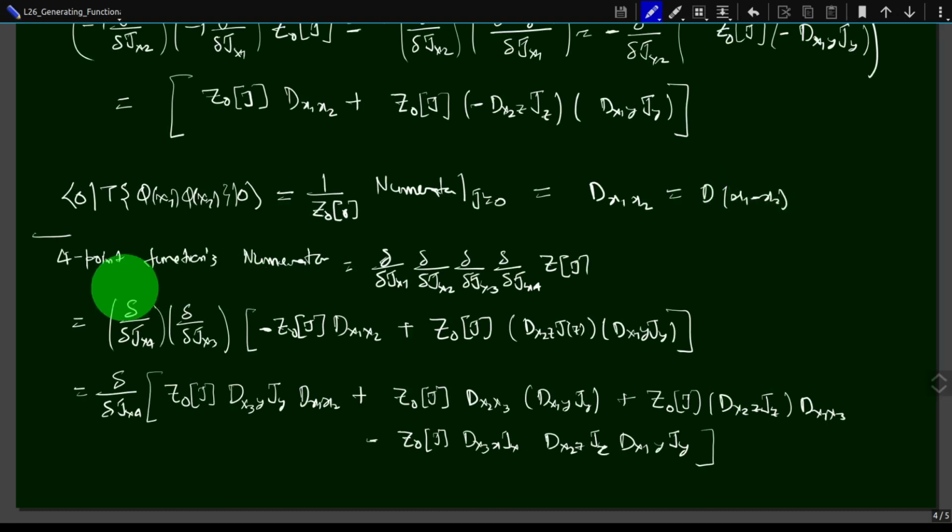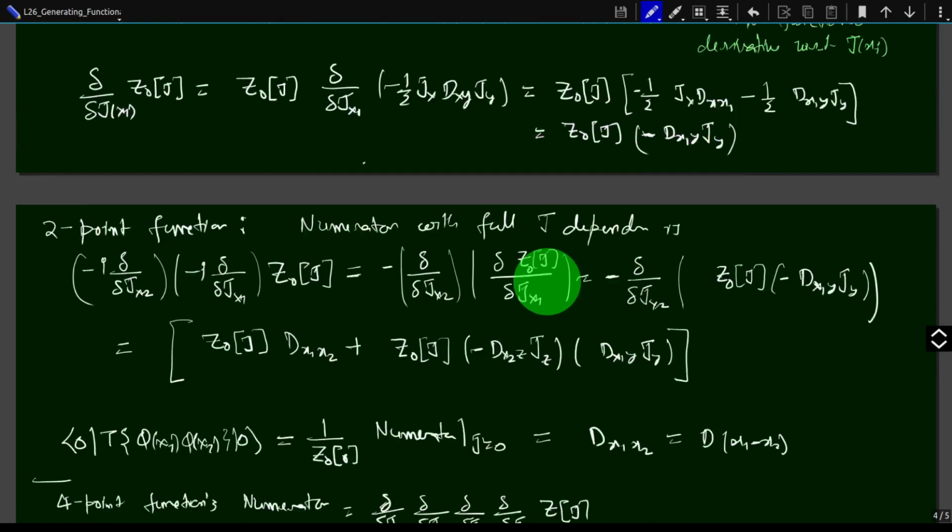Now we already discussed that if I do a third derivative, then the 3-point Green's function will be all 0, but here I have to confirm that using the functional derivative method. Although I'll compute the numerator of the 4-point Green's function, to compute the 4 derivatives I do have to go through 3 derivatives, right? So we'll see how it happens.